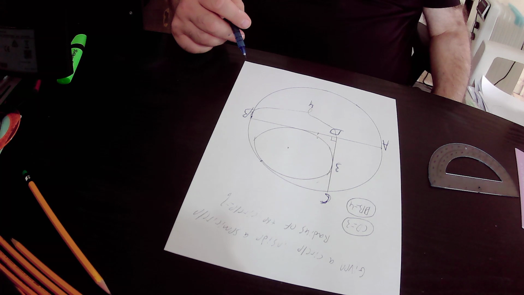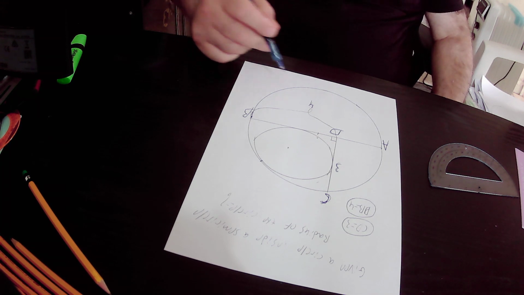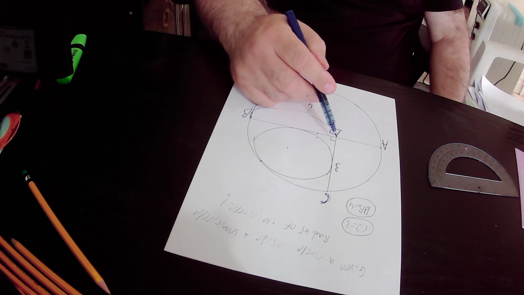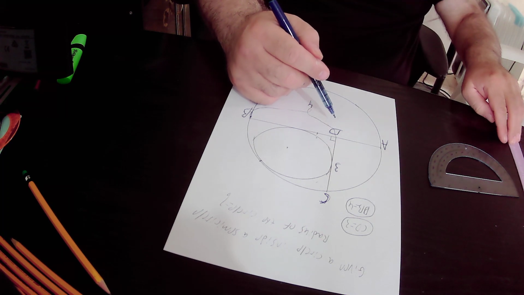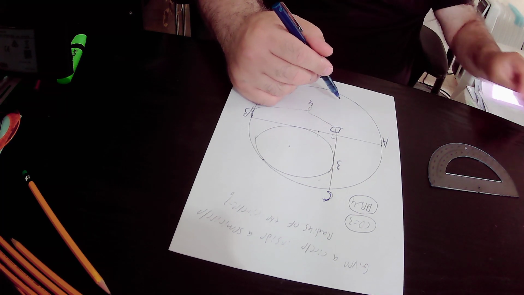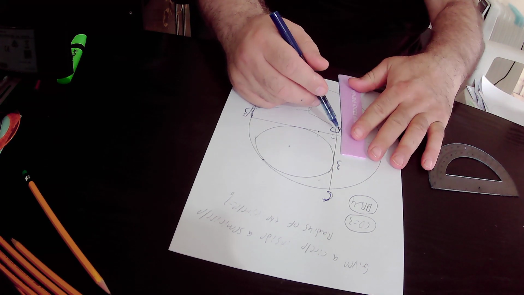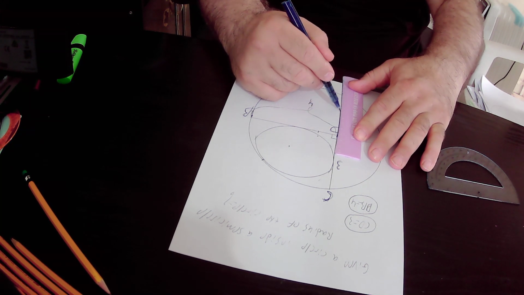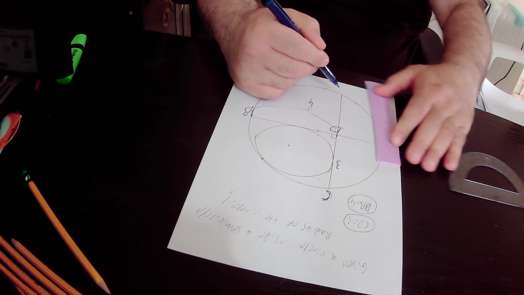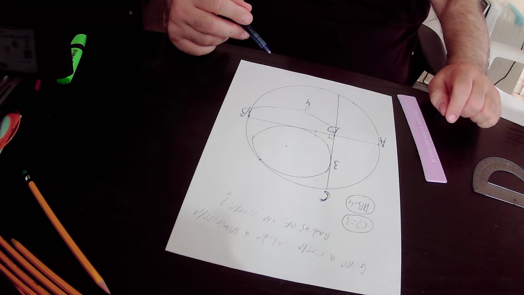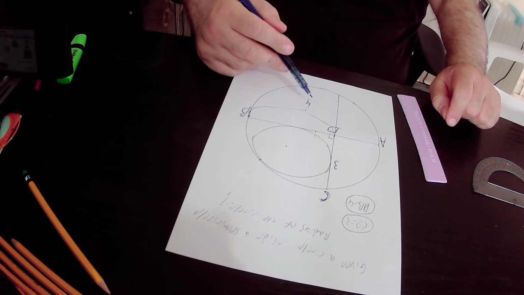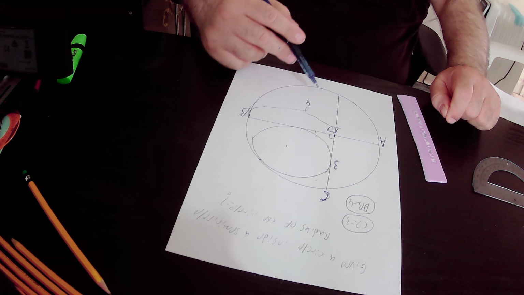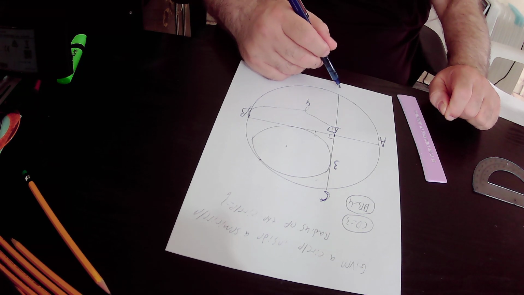In the next step, we will extend the straight line CD until it touches the circle. And we will define the touching point of the extended line segment CD with this circle as point E.